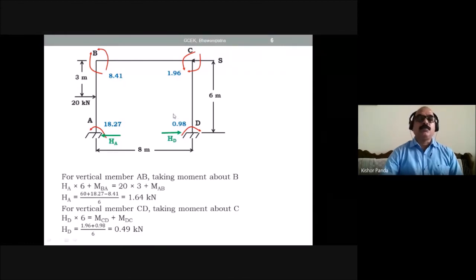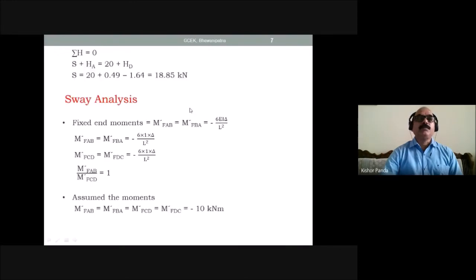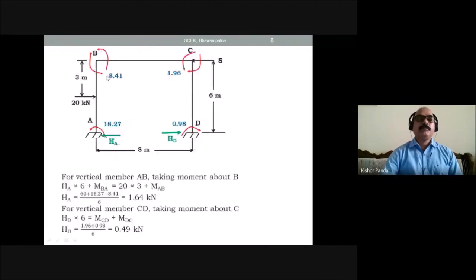Then what do you have to do? You got the base reactions at A and D: 1.64 for HA and 0.49 for HD. Then take the summation of horizontal forces equal to 0. From this equation, you can find out the restraining force S. Here you see HA is in this direction, and S is also in this direction, but HD is in the opposite direction, and the 20 kilonewton is in the opposite direction.